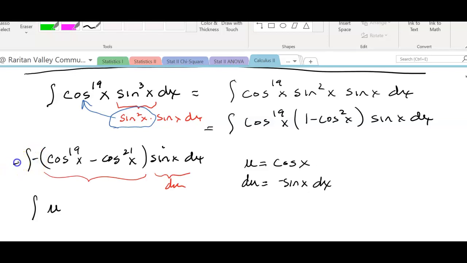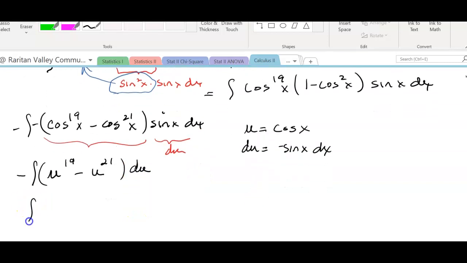I need my negative, which is over there. u to the 19th minus u to the 21, and that's just du. If you don't like the negative out front, sometimes it's easier to distribute it through and put it this way. It just makes life a little bit easier when you're integrating.